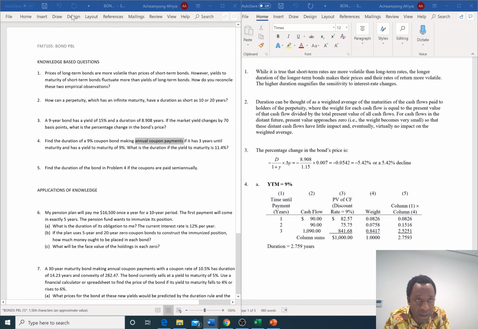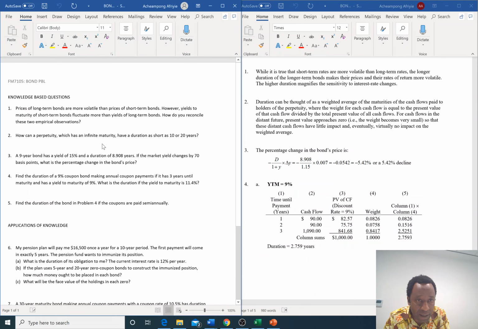If you're reading the question in the exam, you want to make sure you pick up the annual. And then there's a 3-year bond, and we have the yield to maturity of 9, and then we are asked an additional question: what happens if the yield to maturity is 11.4%?